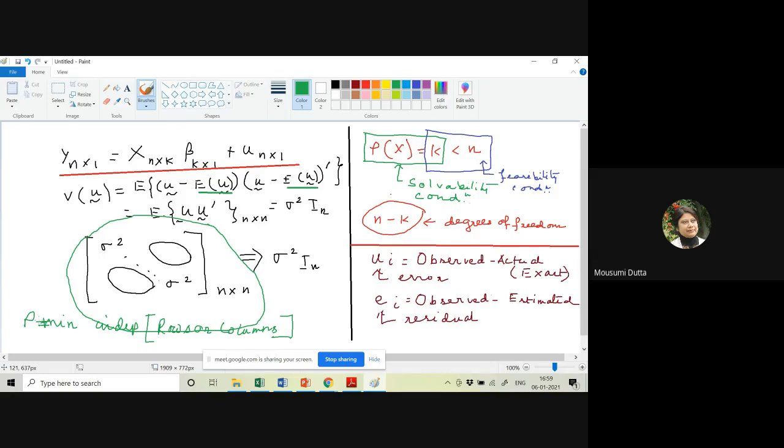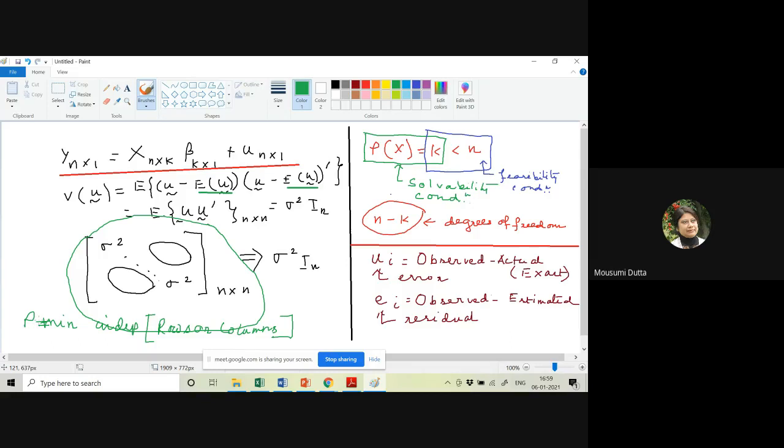Independent row means these rows cannot be generated from other rows. Independent column means these columns cannot be generated using other columns. So if I consider a 10 by 10 matrix and I find that 5 rows are independent whereas 7 columns are independent, in that case the rank will be 5.